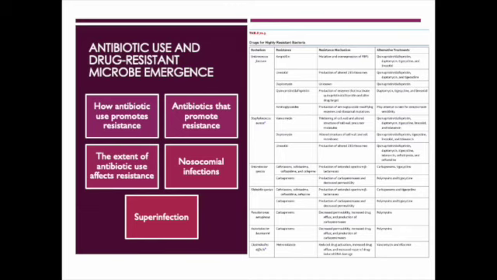But they're not going to promote growth of any individual microbe. But if a drug-resistant organism is present, antibiotics are going to create the selection pressure, which is favoring growth by killing off sensitive organisms.